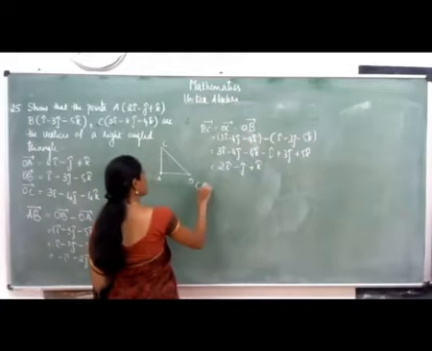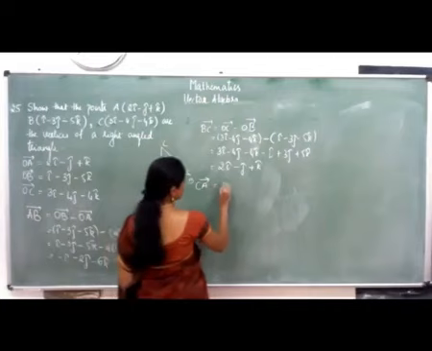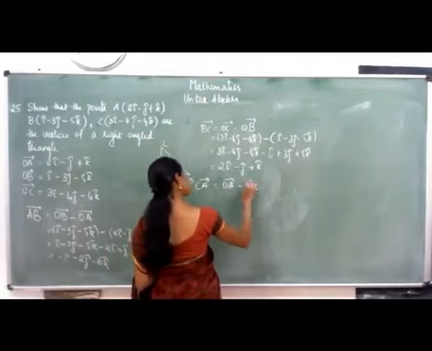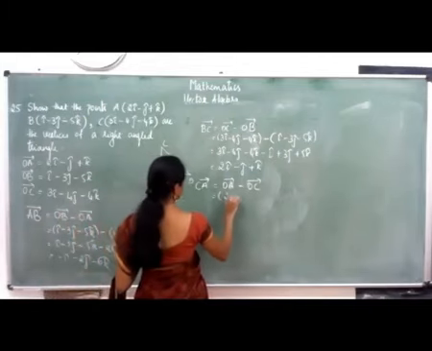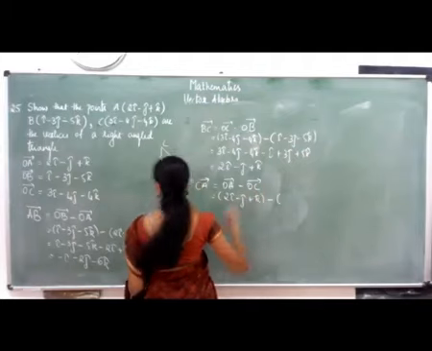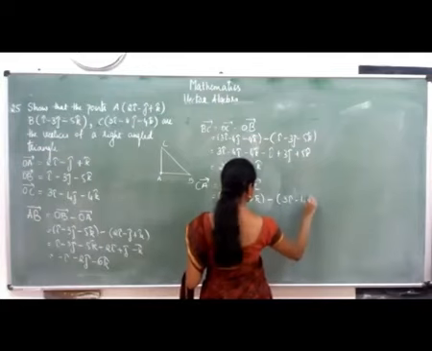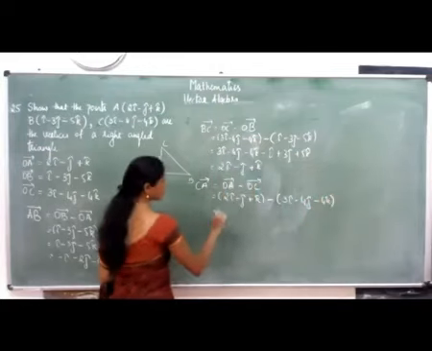Now let us find the vector joining points C and A, which can be written as vector OA minus vector OC. So vector OA is given by 2i cap minus k cap, minus vector OC, which is 3i cap minus 4j cap minus 4k cap.